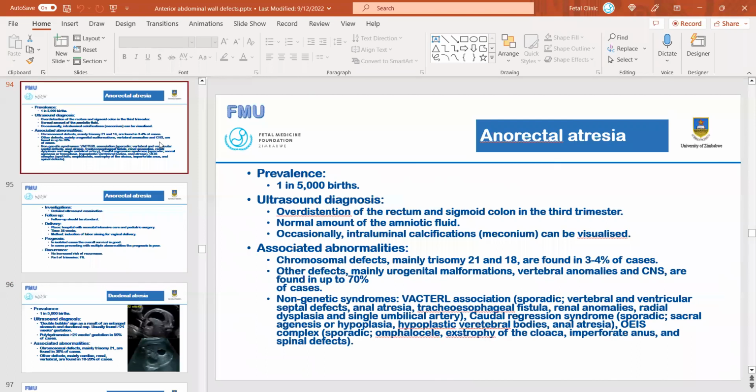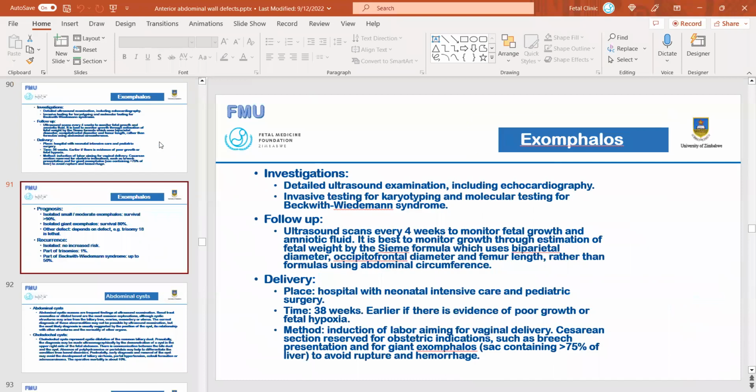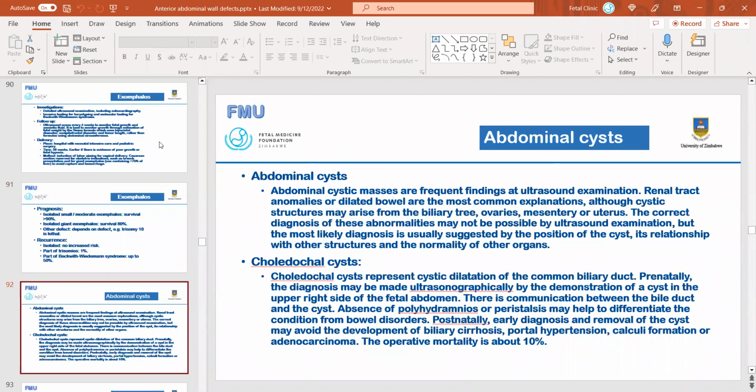But I know we had covered all the way up to the anterior abdominal defects, and we also had done esophageal atresia and duodenal atresia, but we had not covered abdominal cysts. So I will carry on with the abdominal cysts.